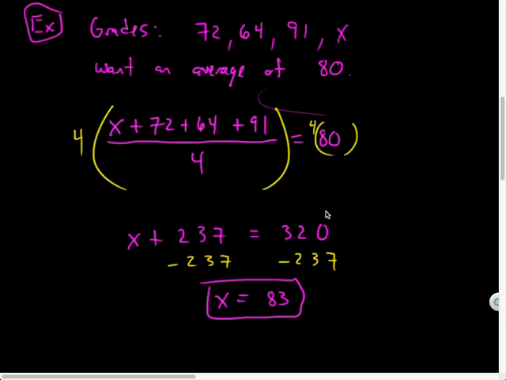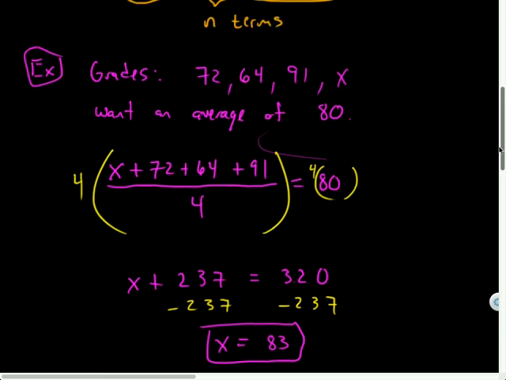Now, an interesting thing about averages, the way I think about it, is an over-under kind of thing. So watch this. This is a little bit of an analytical way. 72 is how far below 80? It's 8 below. 64 is how far below 80? 16 below. 91 is how far above 80? 11.